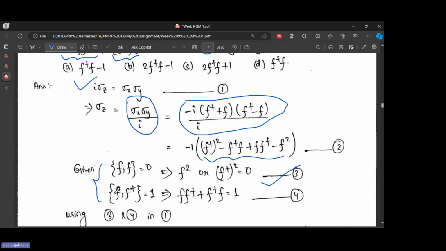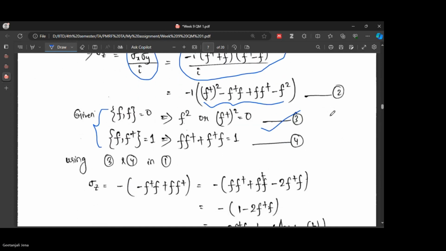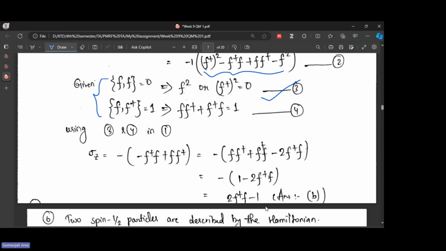Now if you see equation 4, f f dagger plus f dagger f is 1. So use equations 3 and 4 and put them in equation 2. Then you will see it is nothing but 2 f dagger f minus 1.